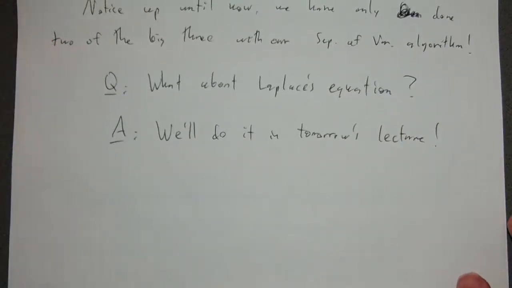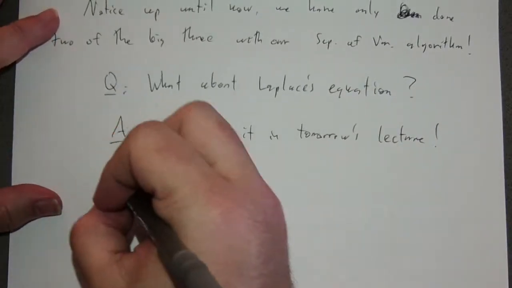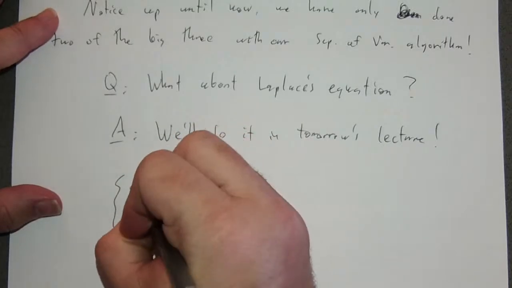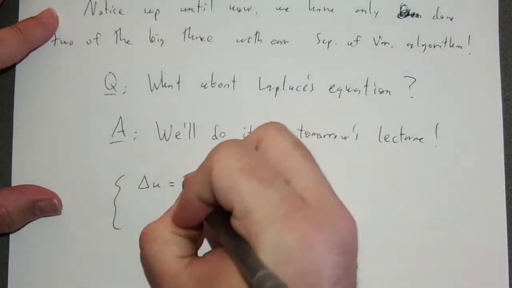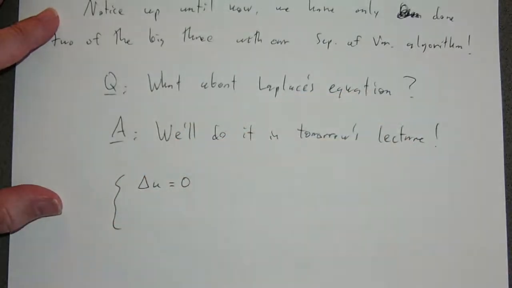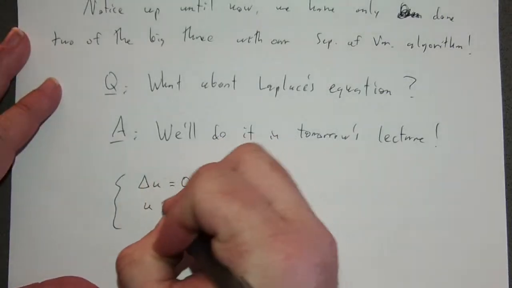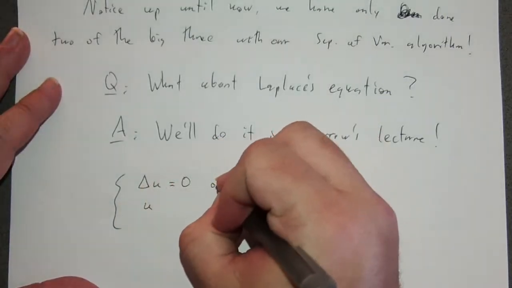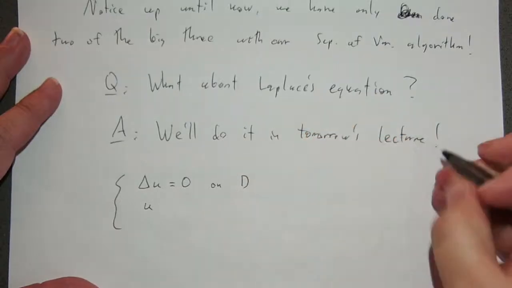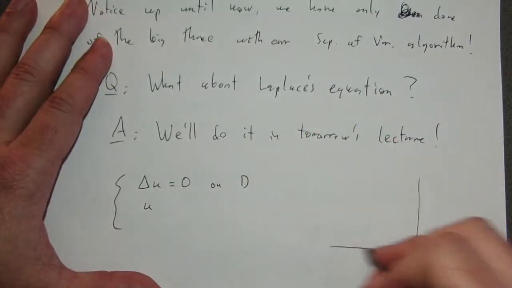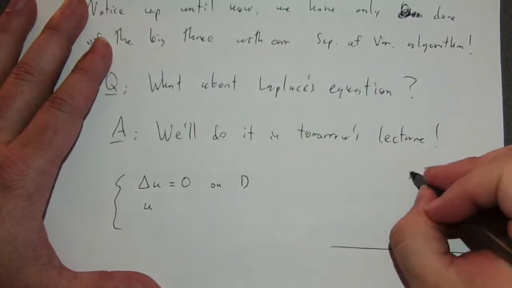Specifically, the idea here is, let's say that I have Laplace's equation, Laplace u equals 0, and then on the boundary I have some function. So this is true on some region D, maybe. Here's x, here's y.